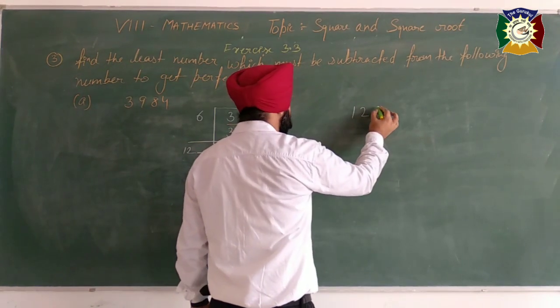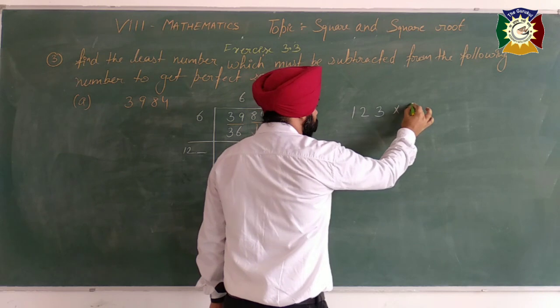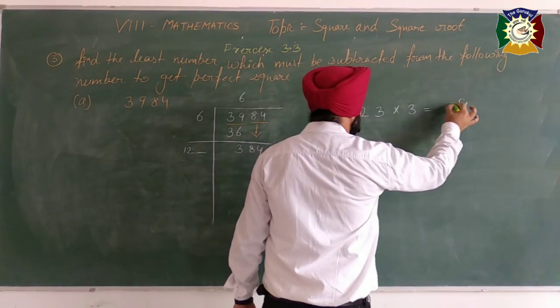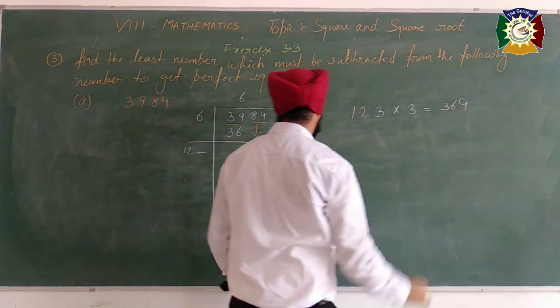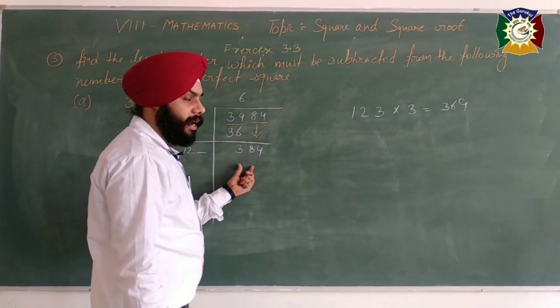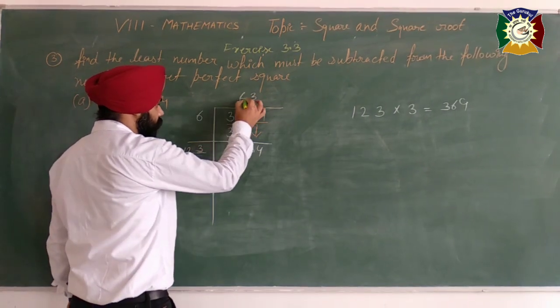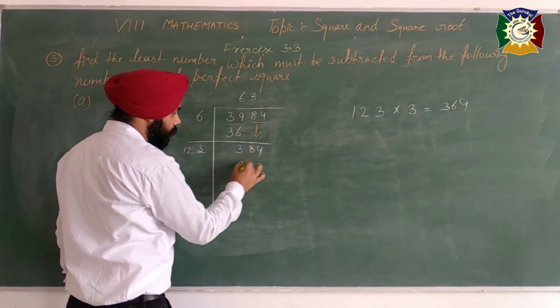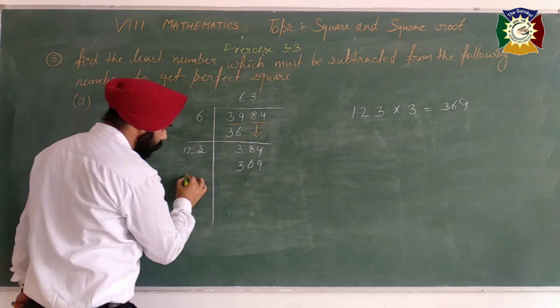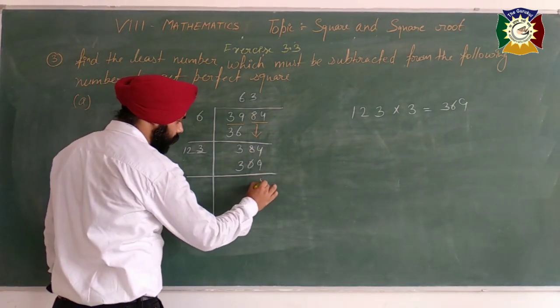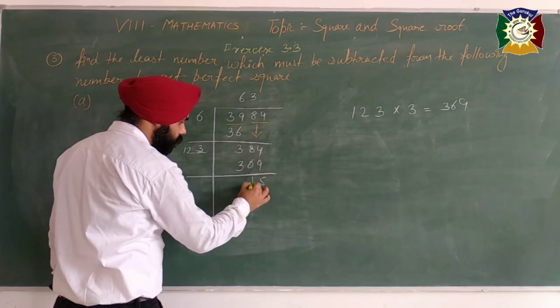If I choose 3, 123 multiplied by 3: 3 threes are 9, 3 twos are 6, 3 ones are 3, so 369. It is very near, so we take 123 multiplied with 3, 369. Now 84 minus 69, we get 15.